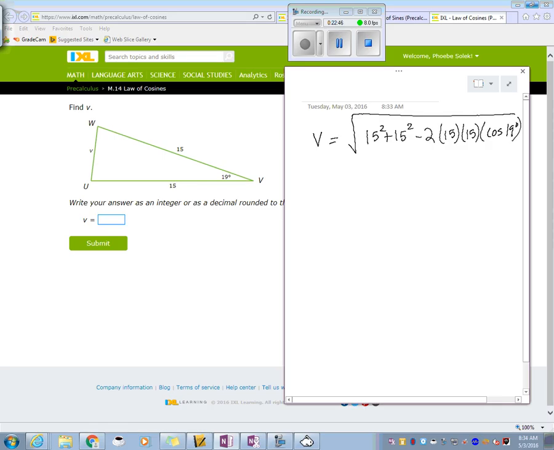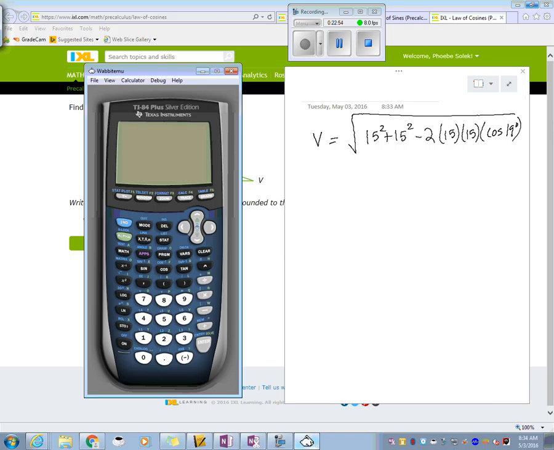Is that what you got? Okay, it is a calculator. I'm not going to collect it, but I am going to come around and give you points for it. I want you to keep it.